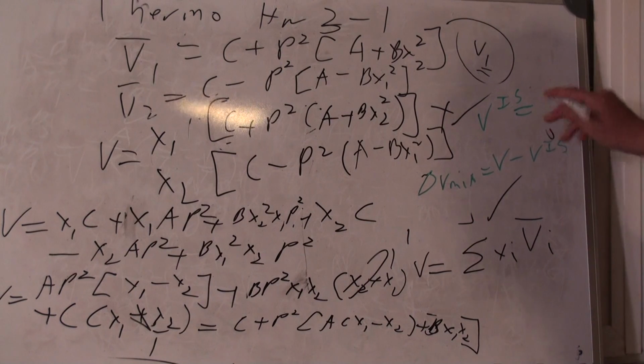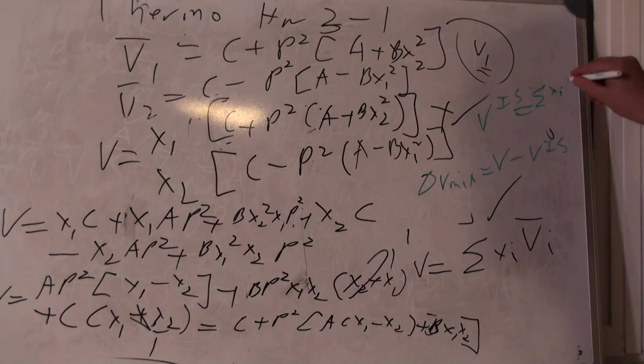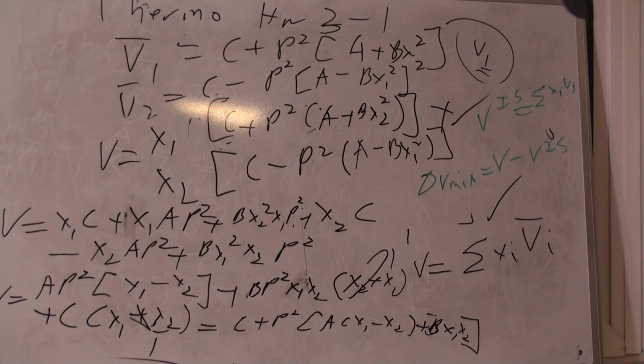It's equal to the summation of xi vi. Okay. And did we already derive formulas for v1 and v2? Yeah. Just plug everything back in. Not that crazy. Now let's kind of clean things up.